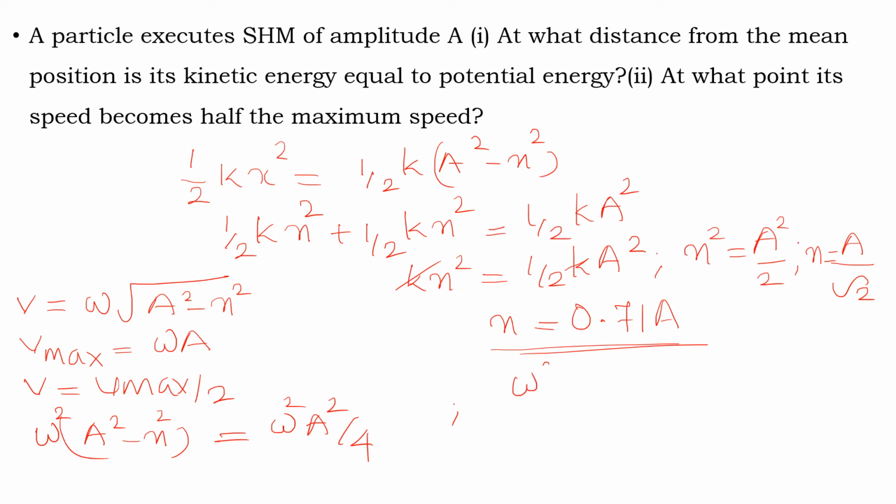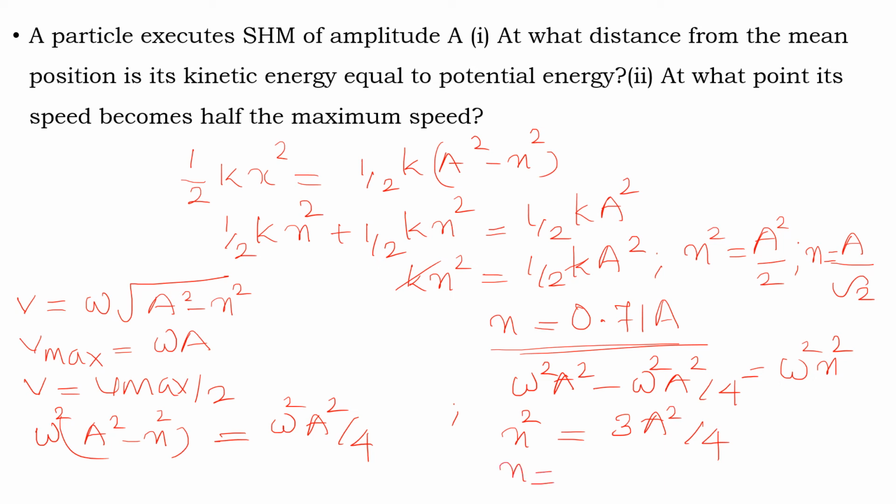That is, omega square A square minus omega square A square by 4 is equal to omega square x square. Or x square is 3 A square by 4, so x is root 3 by 2 into A. That is the value of x.